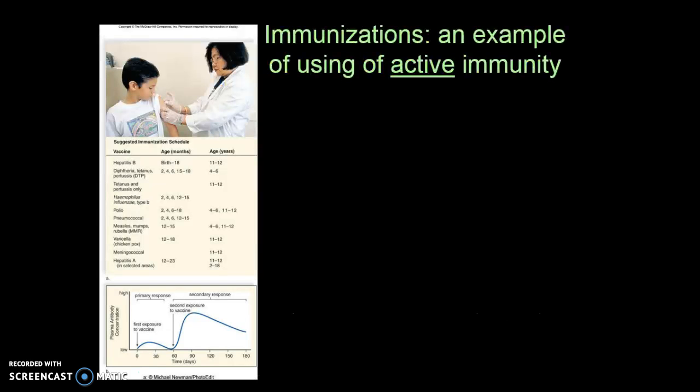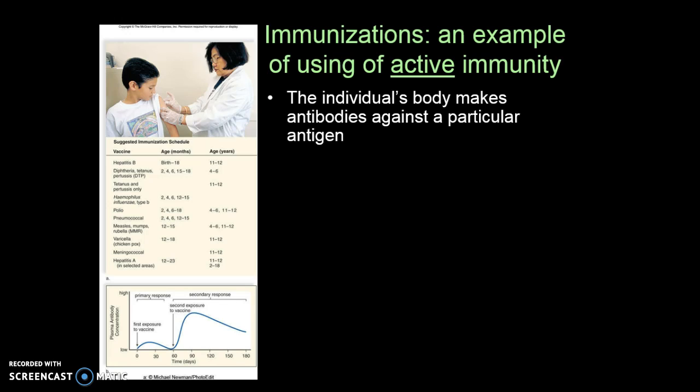Immunization is an example of using active immunity, as well as getting an infection. So when you get an immunization, you are injected with, let's say, part of a bacteria's cell wall. And if you remember from the picture of the antibody binding to that bacteria cell, you don't need the entire bacteria to initiate an immune response.